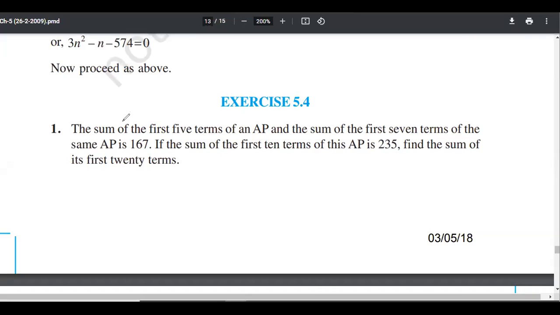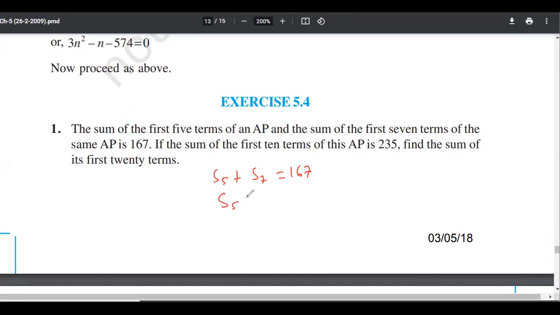So the sum is being given in the question. Let's discuss. The sum of the first 5 terms of an AP plus the sum of the first 7 terms of the same AP is equal to 167.